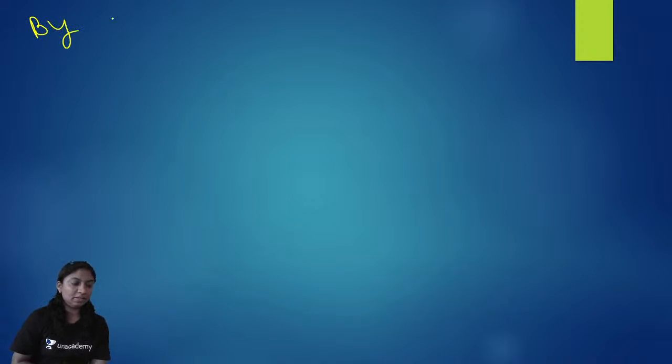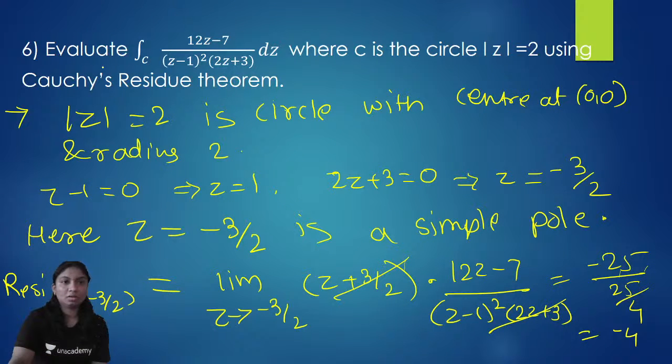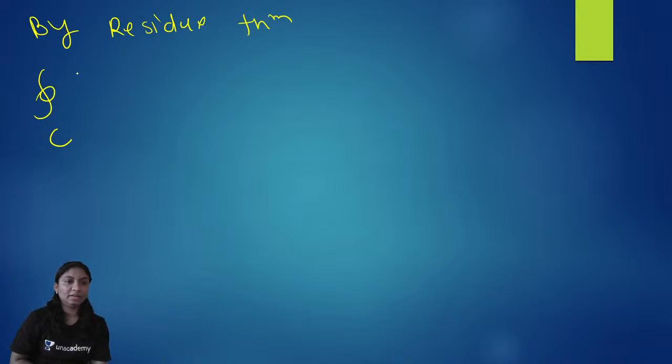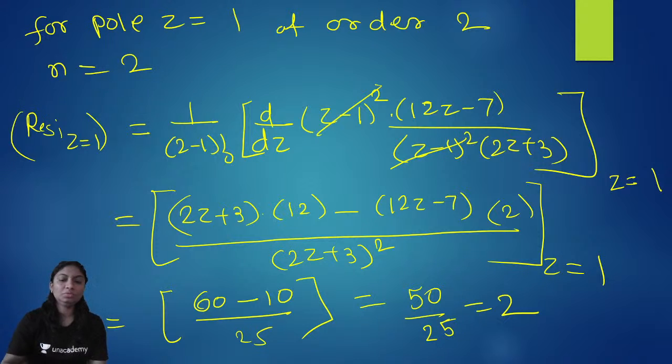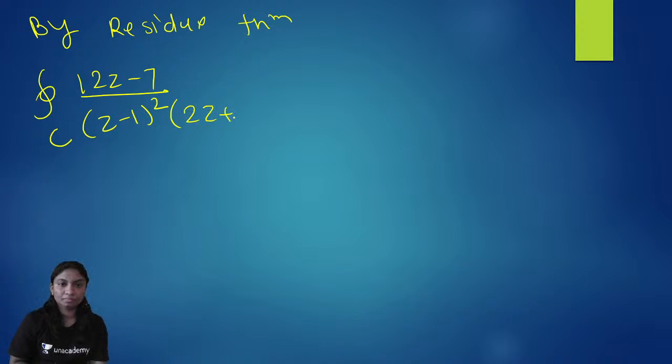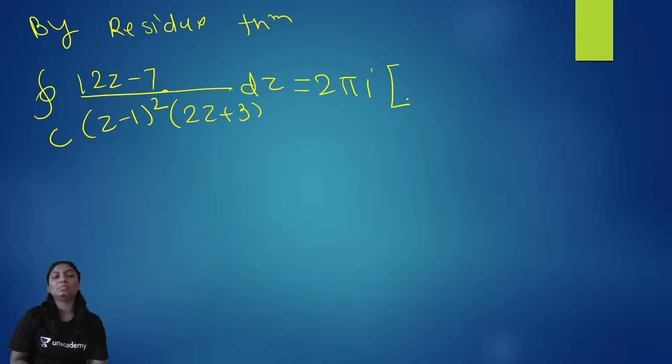So by the residue theorem, we have the closed integral over c of 12z minus 7 upon (z minus 1) bracket square into (2z plus 3) dz is equal to 2 pi i times the sum of the residues at z is equal to 1 and at z is equal to minus 3 by 2.